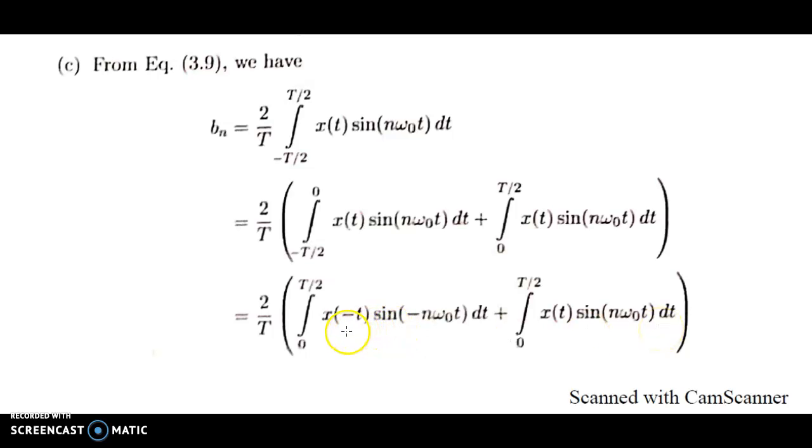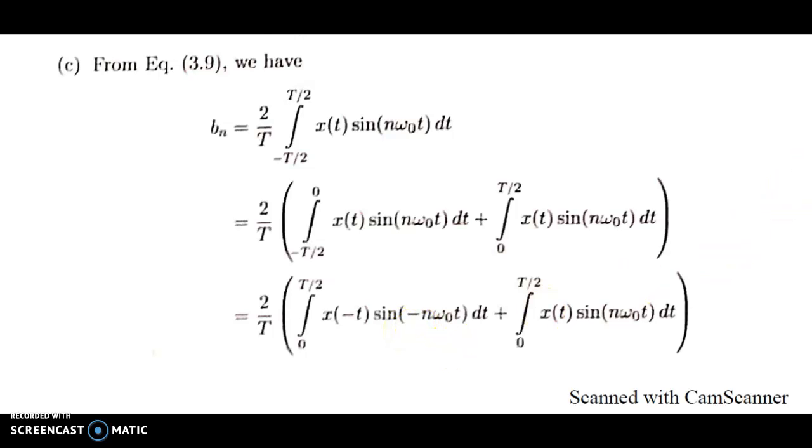And here if you consider the first integration, now we can replace x of minus t with x of t since it is an even signal. Also we know sine minus theta is minus sine theta.